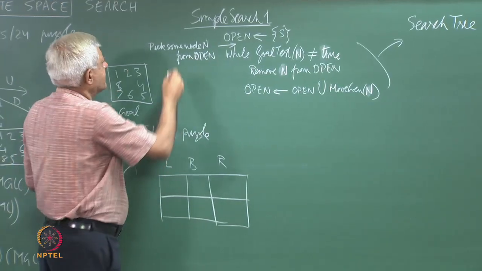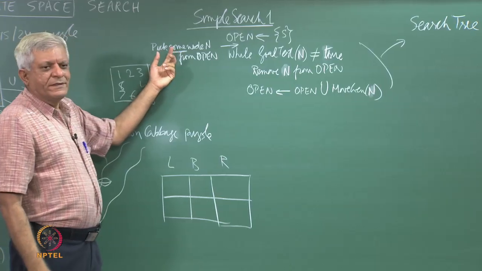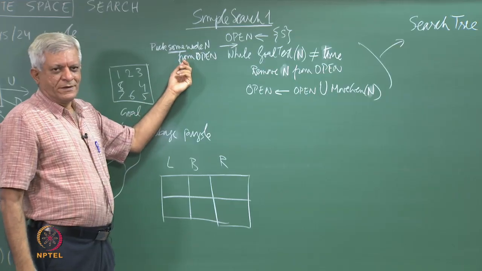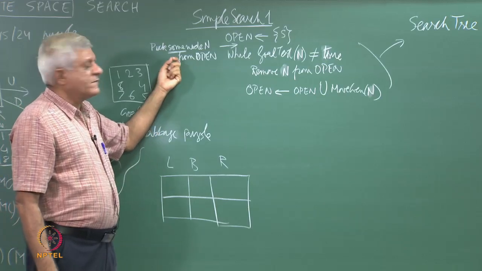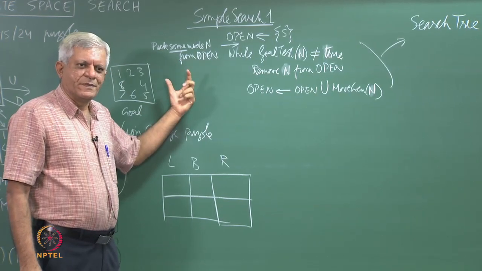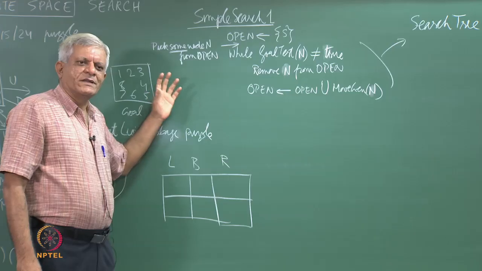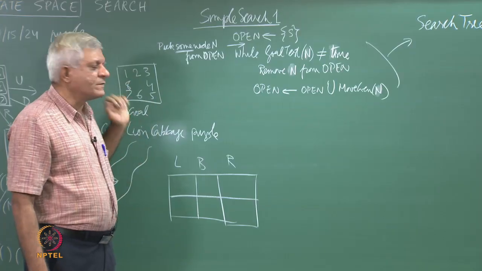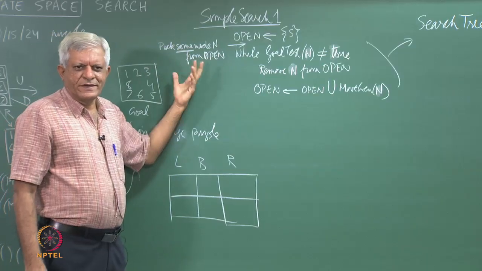Now, notice that there is a, I do not know whether you can read this, pick some node n from open. So, this some node is there, and a considerable amount of time would be spent on refining this notion of some, because it really critically depends upon this as to whether you are heading towards a goal or not heading towards a goal essentially. So, we will spend some time on that, but as of now we say that okay, we have not specified it.